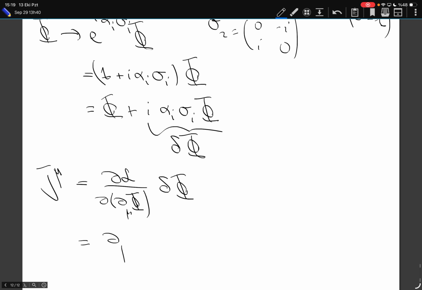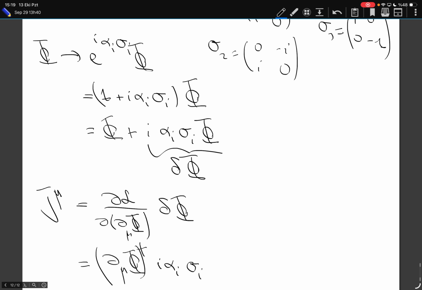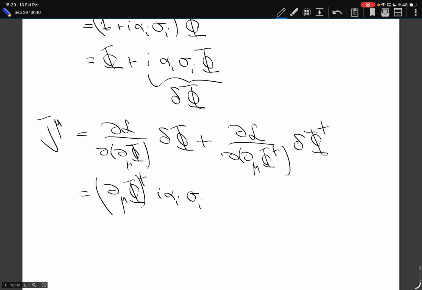This will be del mu phi dagger, let me also add phi dagger, the variation of phi dagger. The derivative with respect to del mu phi just gives me del mu phi dagger. I have i alpha i sigma i phi.